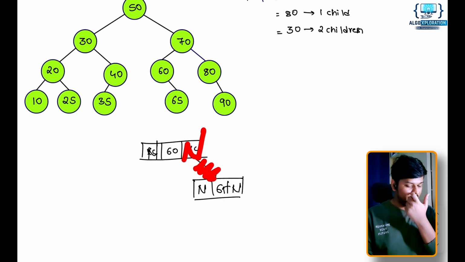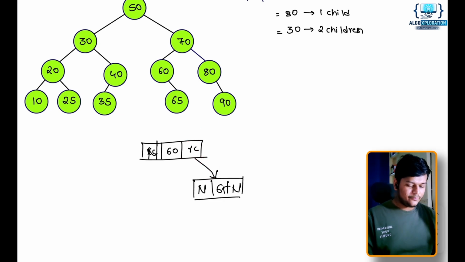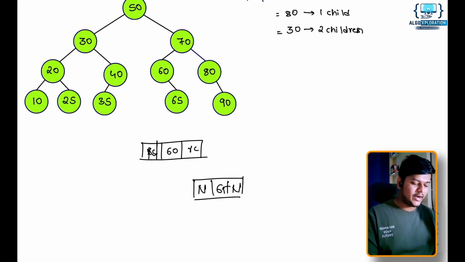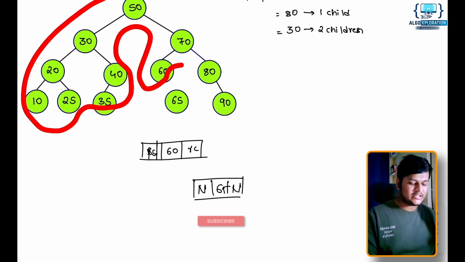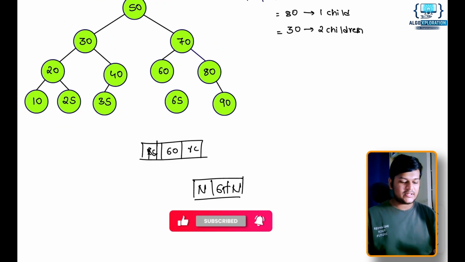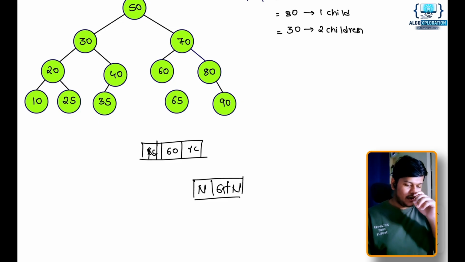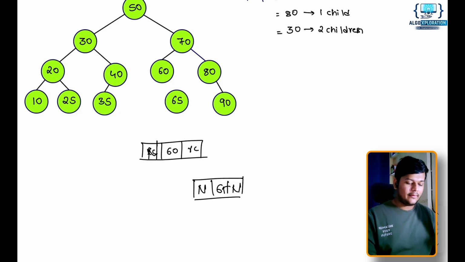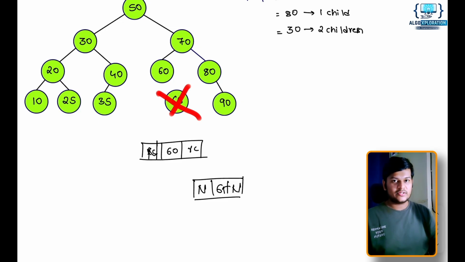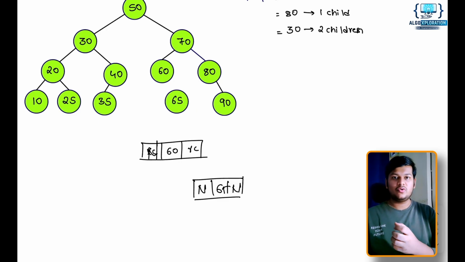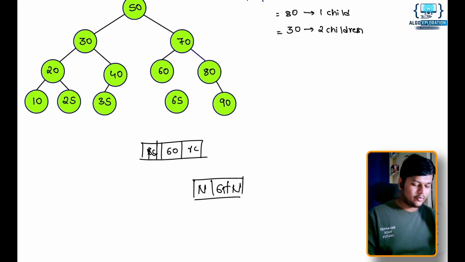So when I traverse the tree, I'm not able to reach 65 anyhow. That means I have deleted node 65 from the tree. Now the garbage collector will come and remove node 65 because no one is pointing to it. So in this way we can delete a node which has 0 children. I believe that you got it.